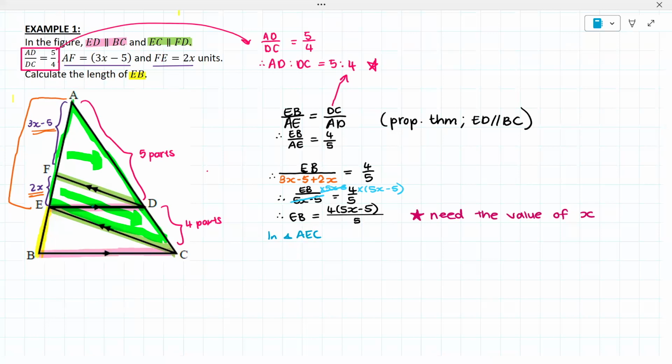You can obviously write that if you want to, you don't have to. What we have established is that the ratio of AF over FE is equal to, and again match it up, AD over DC. And this is all still because of my prop theorem, but now I'm working with parallel lines FD and EC.